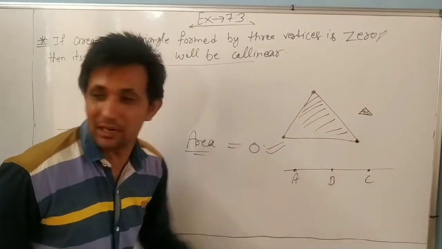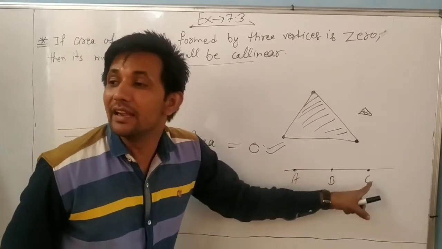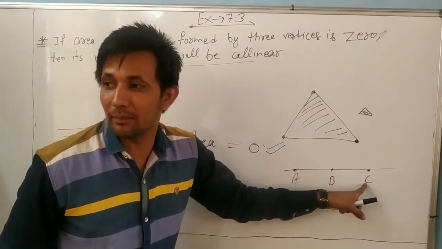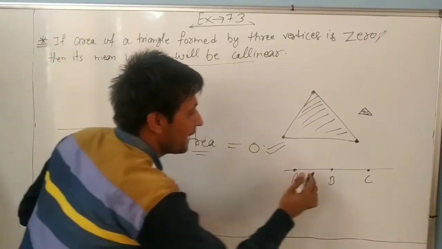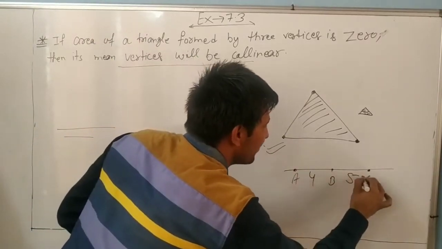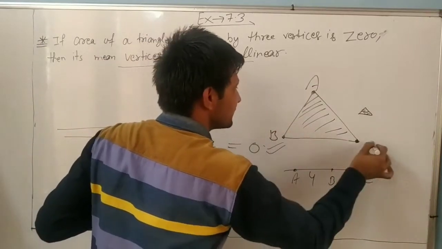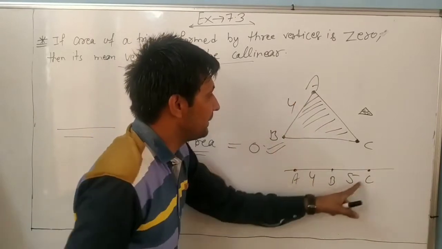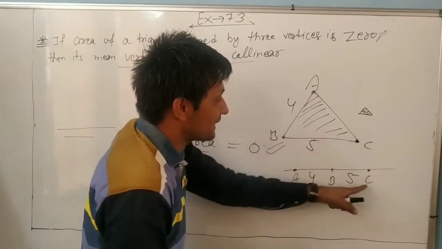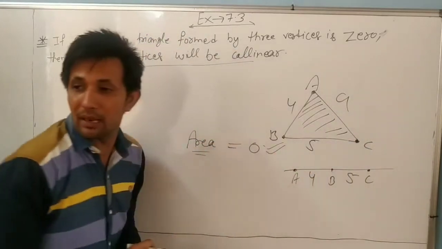Because if 3 points are collinear, they can never make a triangle. Understand? Why? Because AB is 4, BC is 5. If you want to make a triangle ABC, dear, look at AB is 4, BC is 5, and AC is how much? A to C is 9. So is it possible?